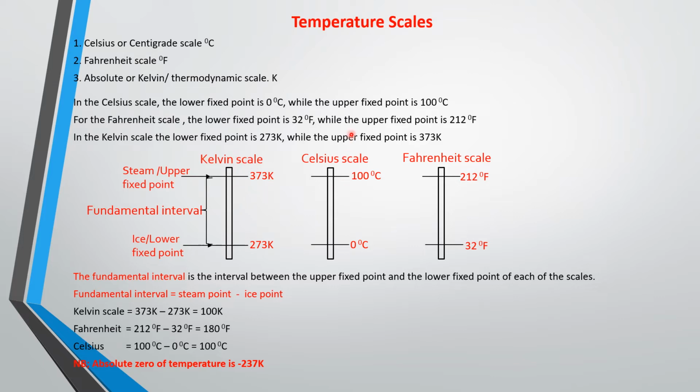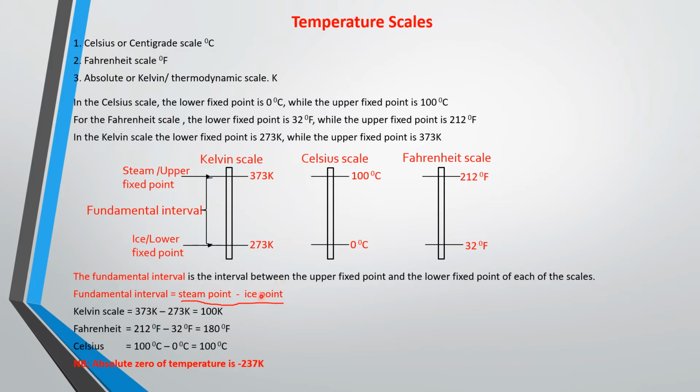This is what I have represented in this simple drawing. The fundamental interval is the interval between the lower fixed point and the upper fixed point of the scale, that is the steam point minus the ice point.